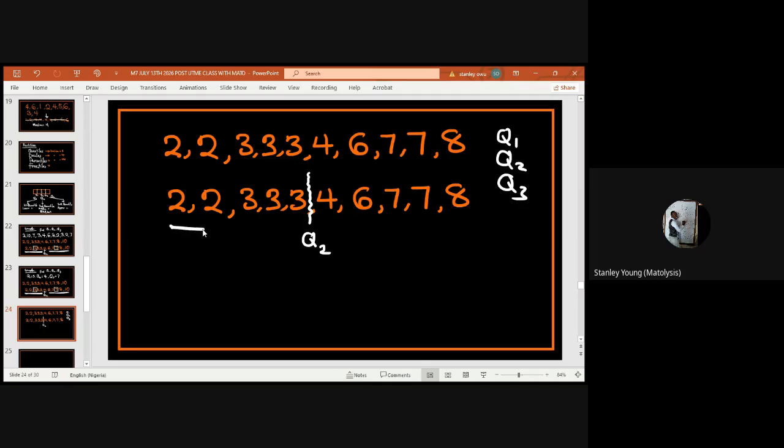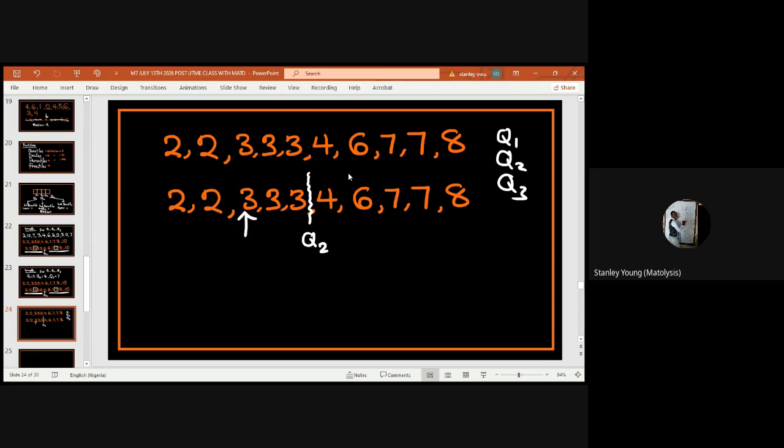Who can give me the middle number of what we have to the left here? 3. That's correct. So that will make this our Q1.